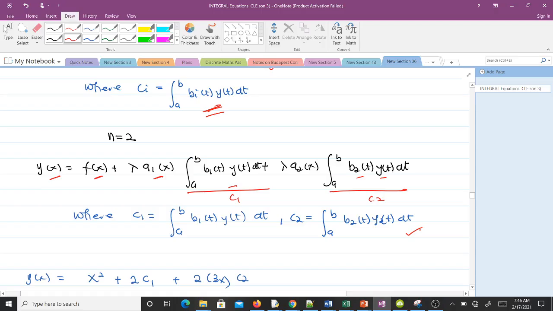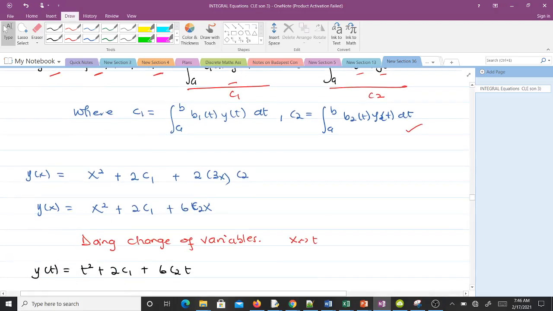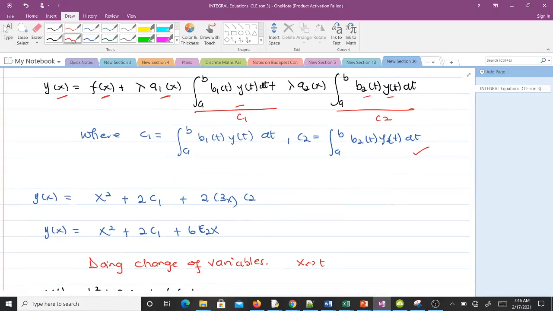Making that substitution, y(x) will be equal to, so our free or forcing term is x². Our parameter lambda is 2.